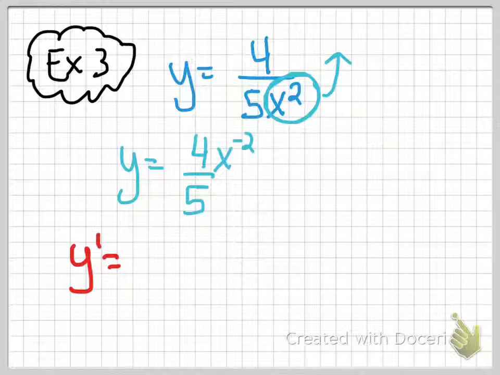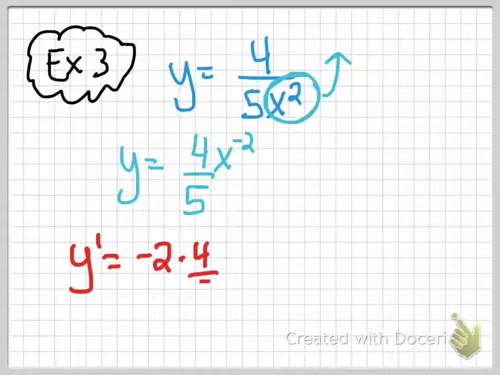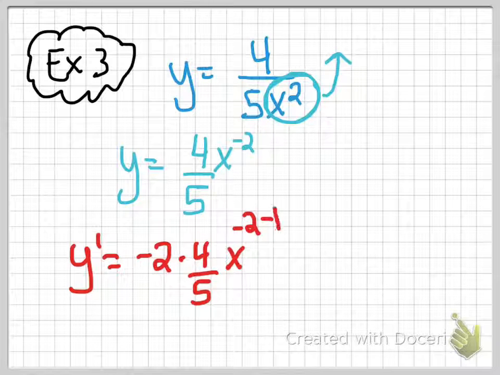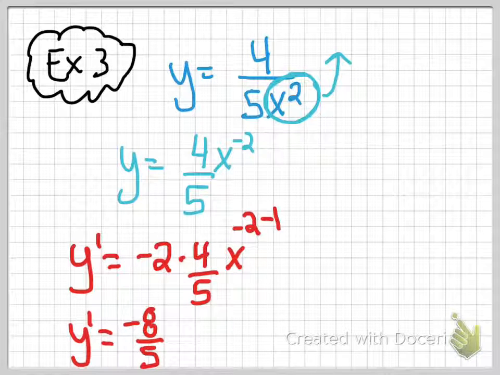And I'm going to multiply the negative 2 down, so negative 2 times the 4/5, and then x to the negative 2, and we are going to subtract 1 from the top power. So we're going to get y prime equals negative 2 times 4 is negative 8/5, and x to the negative 3 power.